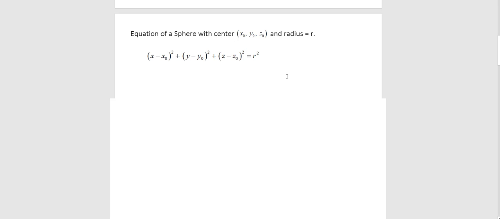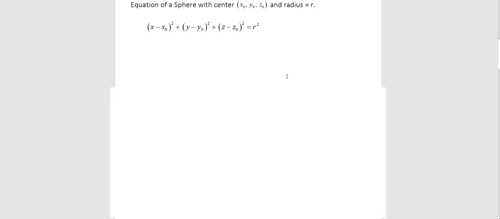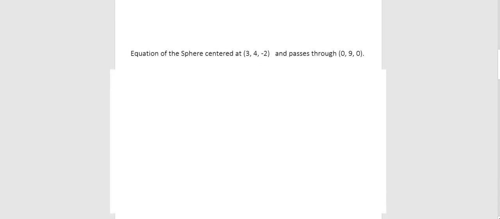So if we wanted to do a simple example, the equation of the sphere centered at 3, 4, and -2 with a radius of 0, sorry, not a radius, we don't know the radius. It says the sphere has this point on it, 0, 9, 0.